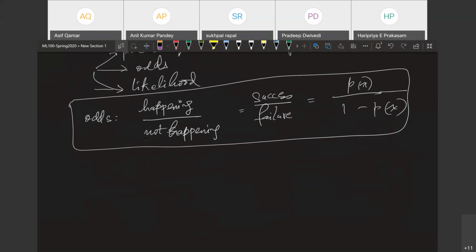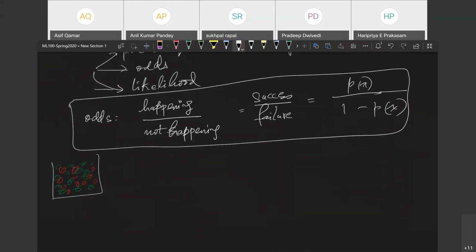Let me just take an example. Suppose you have a jar. It has certain green balls, and it has certain red balls. You don't know how many green balls and how many red balls there are.